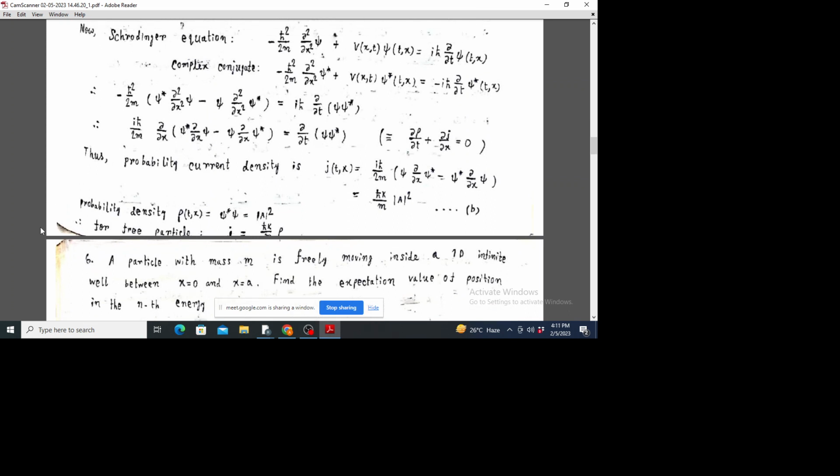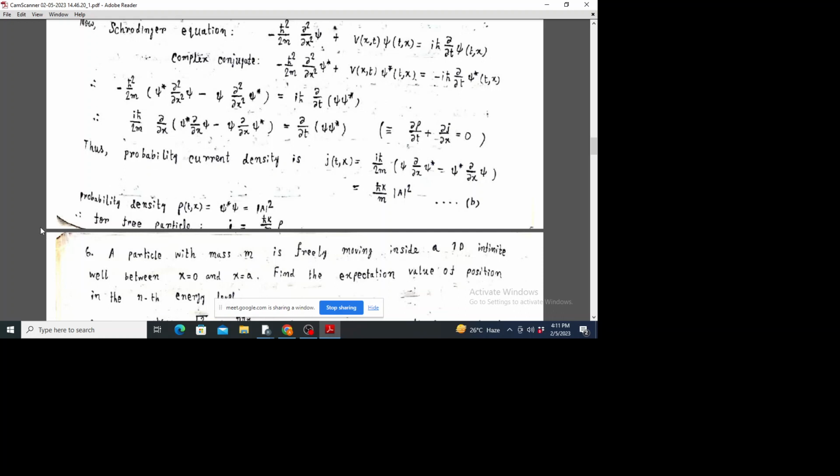Now next question. Again, the 1D infinite well, where the walls are at x equal to 0 and x equal to a. We have to find the expectation value of position in the nth energy level.